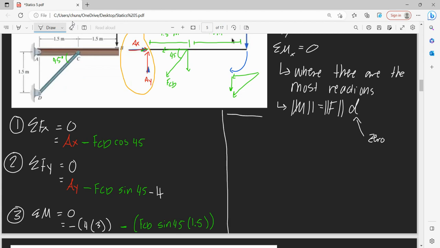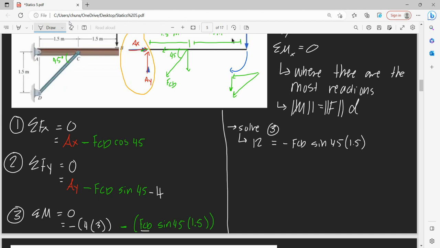So let's solve. Sorry, let me just erase some of this. So let's solve for our FCD first, right? Because we only have one variable in our moment equation, so that makes it a lot easier. So this makes it 12 equals negative FCD sine 45, 1.5.